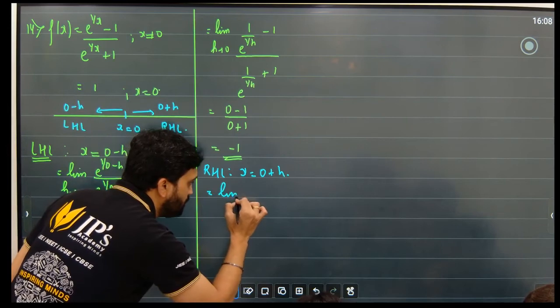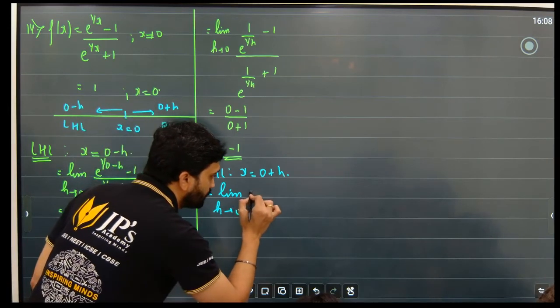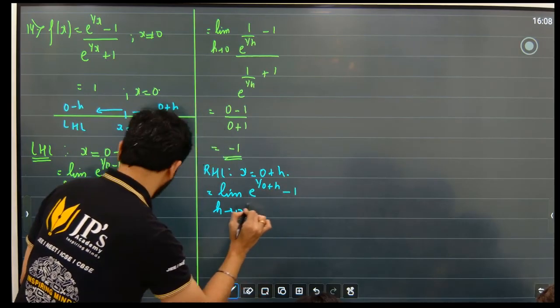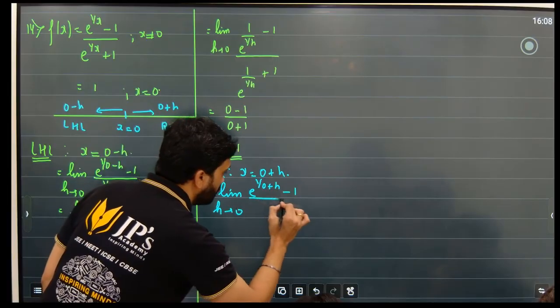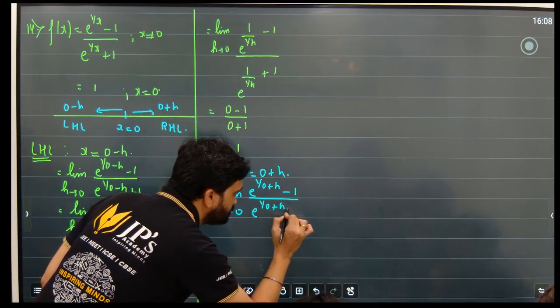This will become limit h tends to 0, e raised to 1 upon 0 plus h minus 1 upon e raised to 1 upon 0 plus h plus 1.